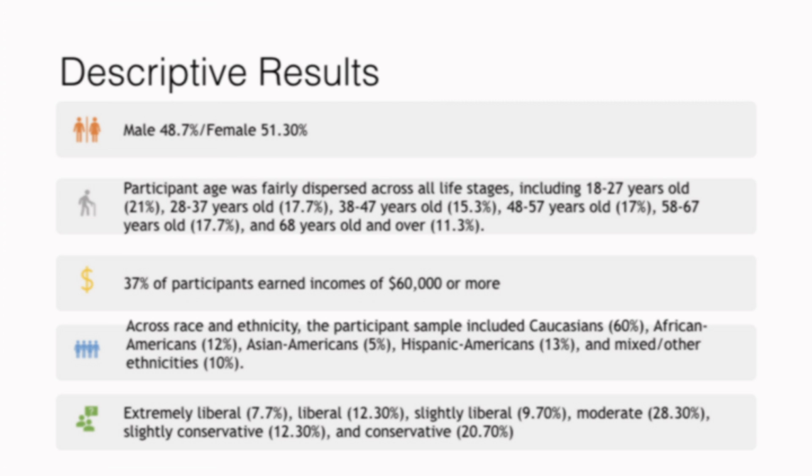The participant age was fairly dispersed across all life stages, and 37% of participants earned incomes of $60,000 or more. And I kind of had great variation across political affiliation. Race and ethnicity was roughly representative of the US Census as well. These are things that are critical because you want to mention them to ensure that audiences understand that you're doing everything in a very methodical manner. Let's keep going.